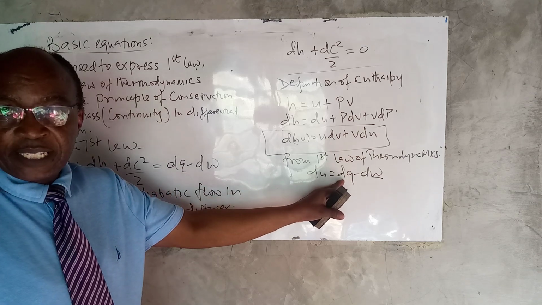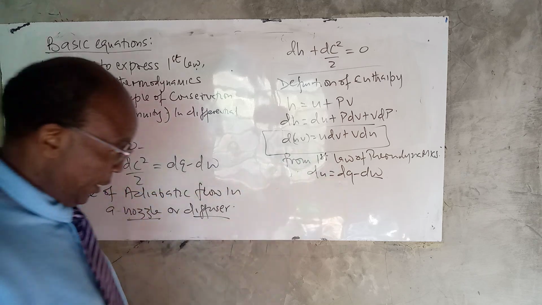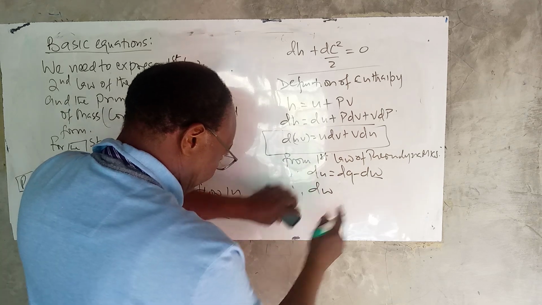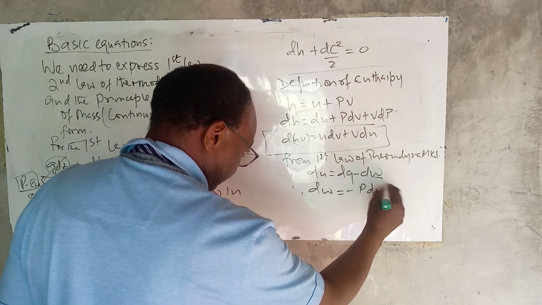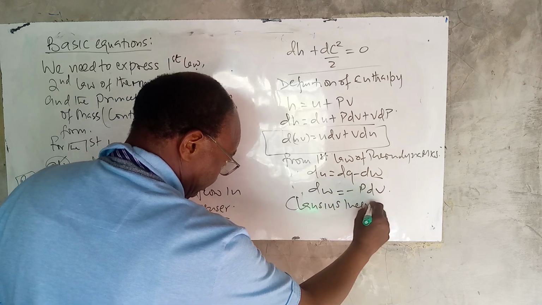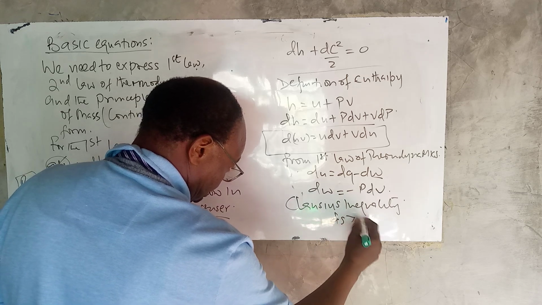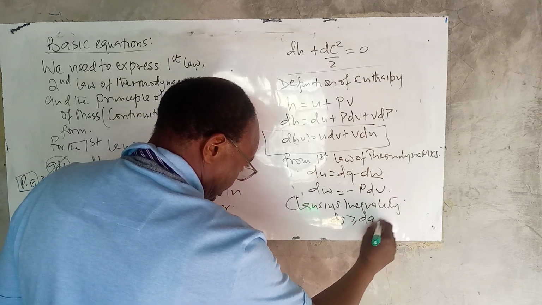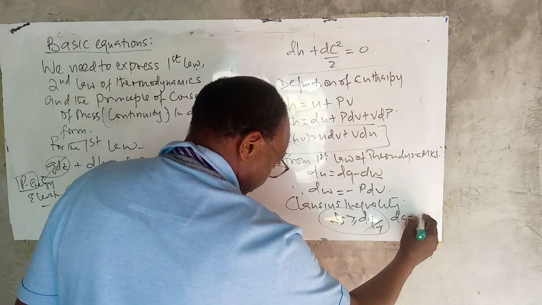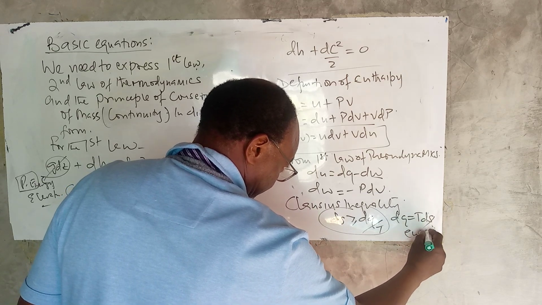And if we are considering the second law, where we talk of entropy, then based on the Clausius inequality, which we have also talked about repeatedly, we know that dS is greater than or equal to dQ over T, or dQ is equal to T dS, where S, remember, is entropy.